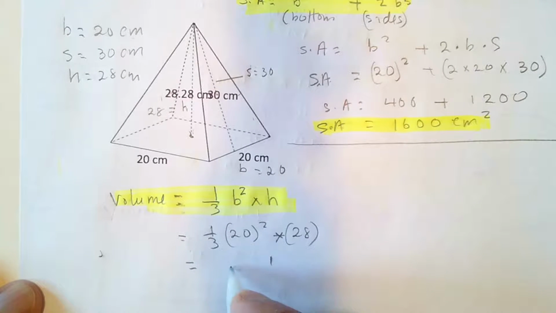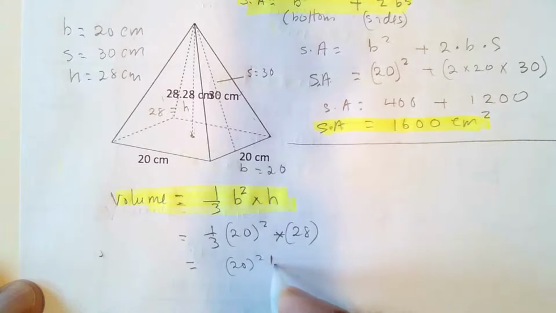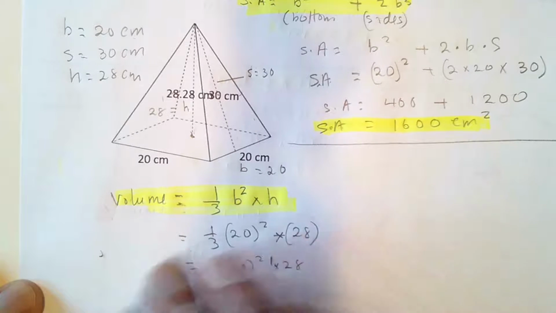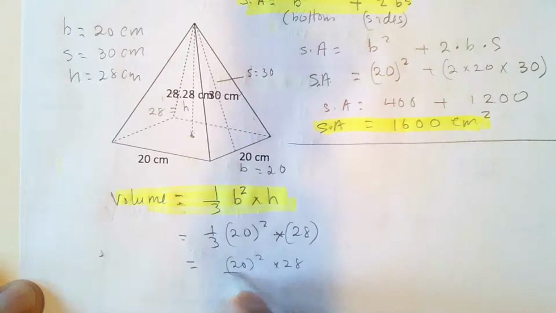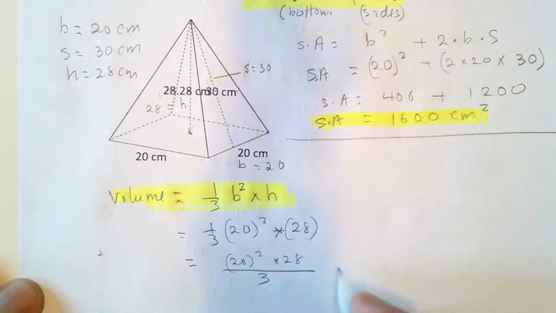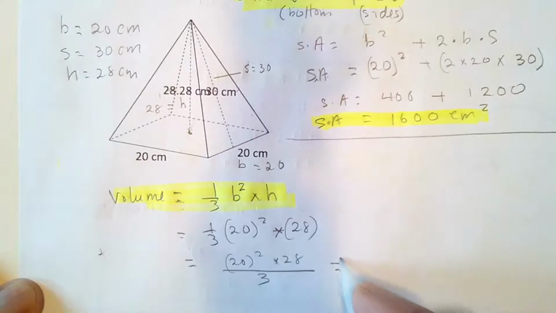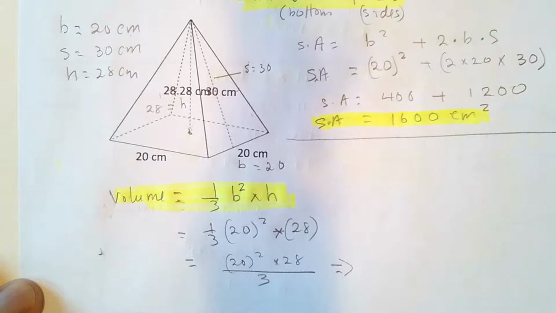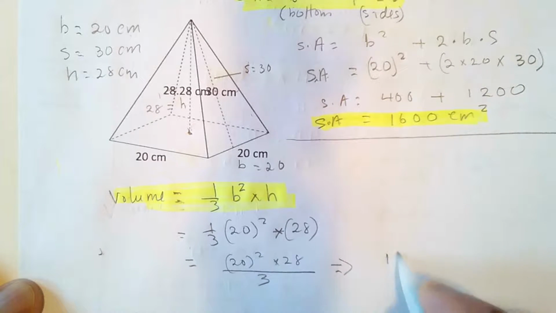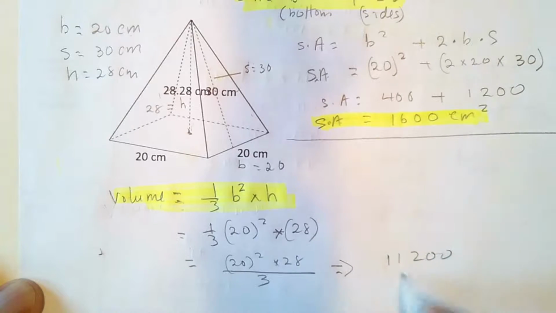Now I'll rewrite this as 20 squared multiplied by 28 divided by 3. This comes out to be, if we do that, gives me what? 11,200. Let's double check.